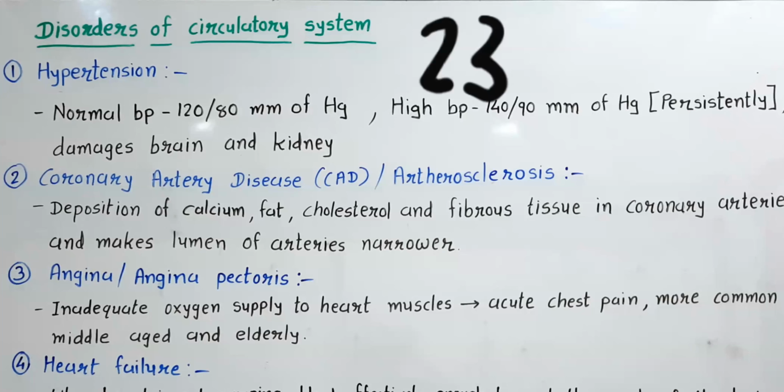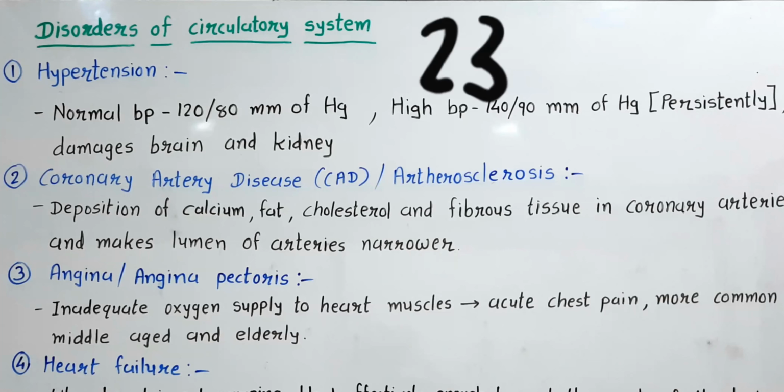So health of this artery has to be the best because it has to supply blood to the heart. जो सबको ब्लड देता है, खुद उसको ब्लड देने वाली आर्टरी कौन सी है? कोरोनरी आर्टरी. So it is necessary that its health, its feature should be normal.